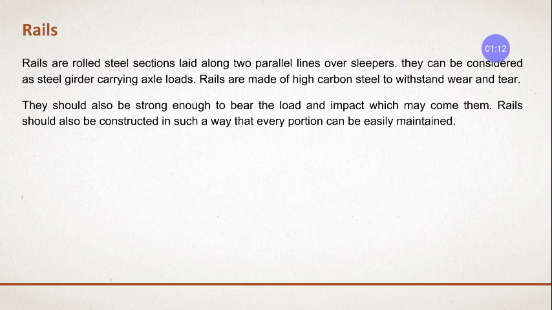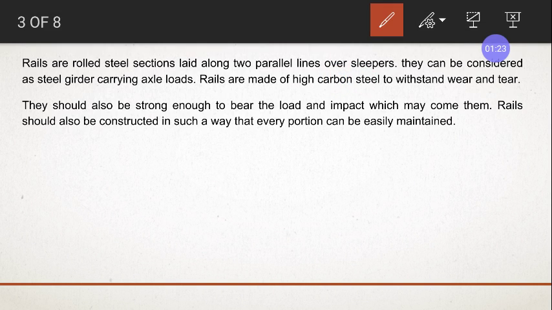Now rails are rolled steel sections. They are steel sections laid along two parallel lines. Two parallel lines means there are two rails which are parallel to each other, placed over the sleepers.